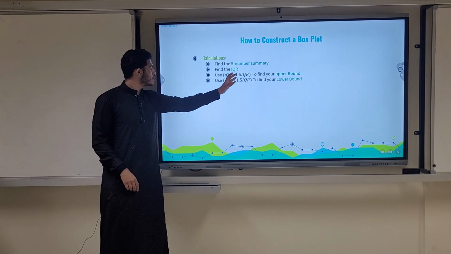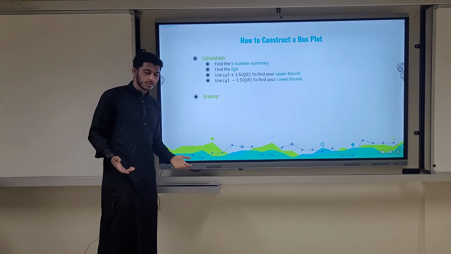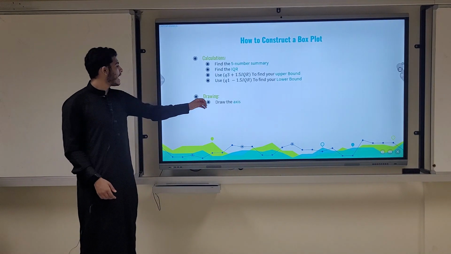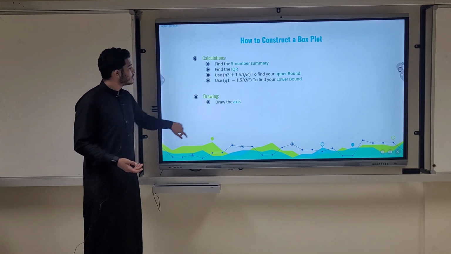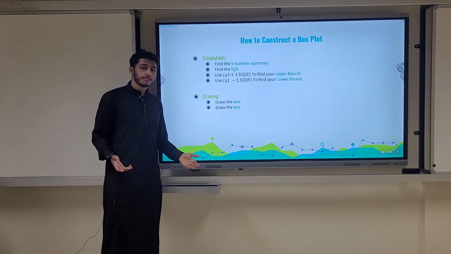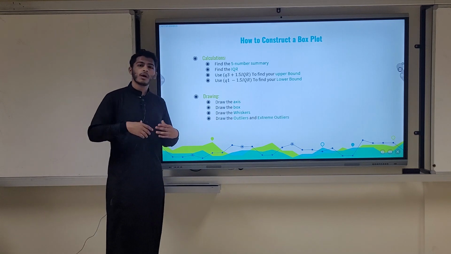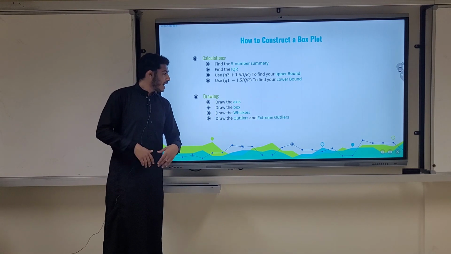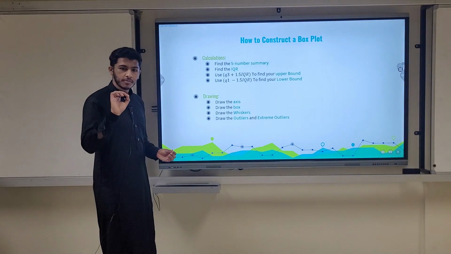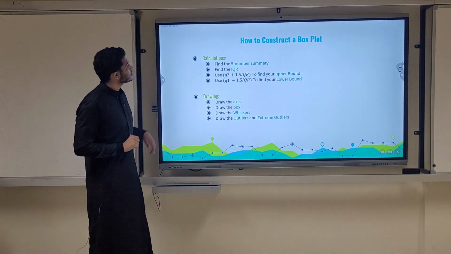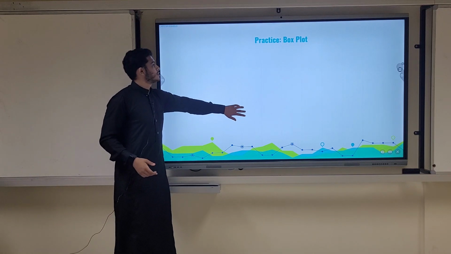After we finish all of these things, we get to the drawing. In the drawing, as we have seen, the first thing we start with is drawing the axis. After that, we go to drawing the box, and after it, we go to drawing the whiskers, and at the end, we identify where our outliers and extreme outliers are, and we put them there, and we denote them with an arrow also. So, let's get into practice.